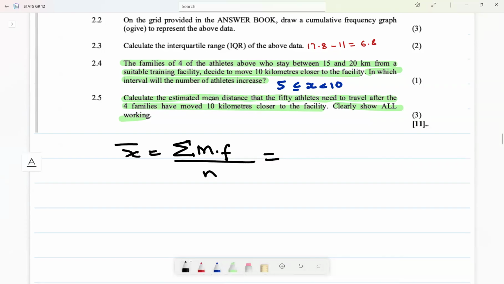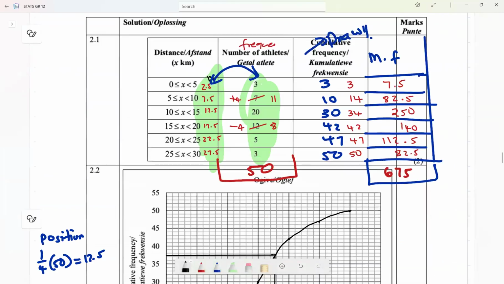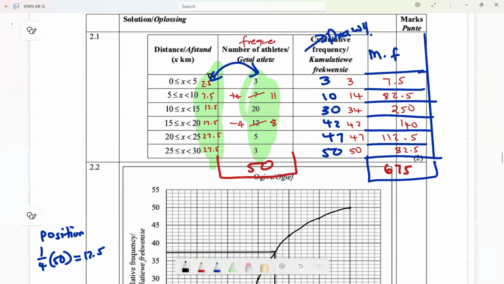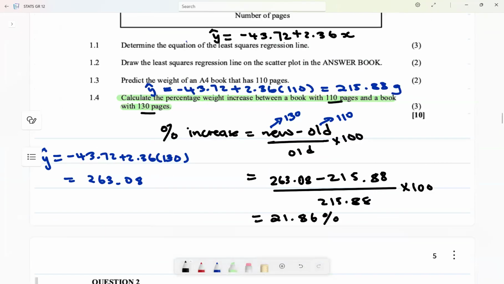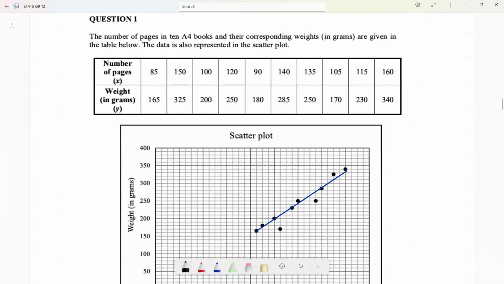We said the total is 675, all divided by 50. And then the estimated mean will be something like 18.5 kilometers. It's very, very important, guys, that you know how to do this. So yeah, guys, that's basically that for this question. Nothing difficult. I hope you enjoyed and understood. Thank you.